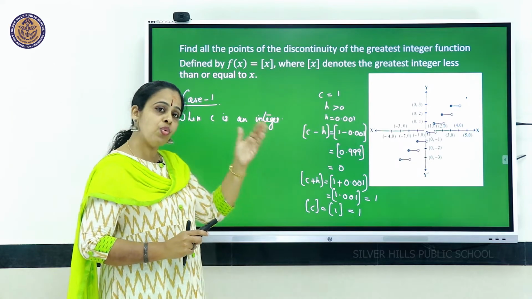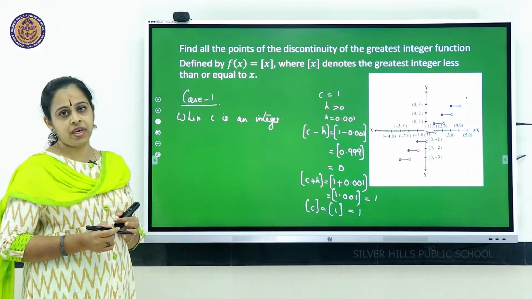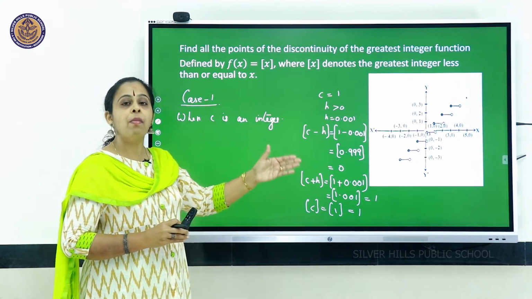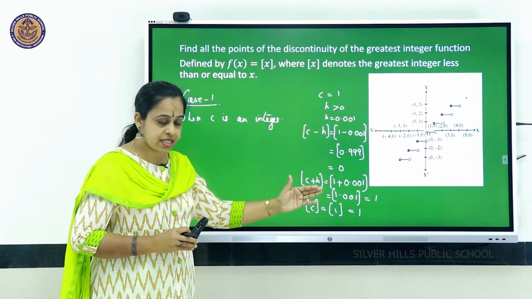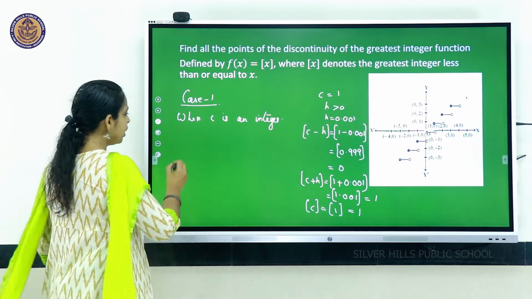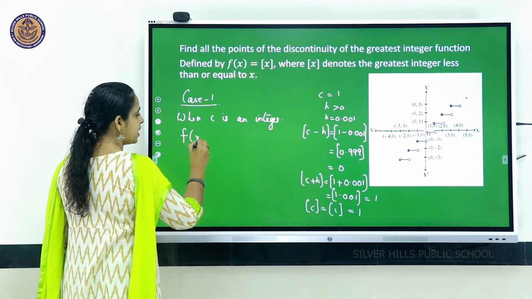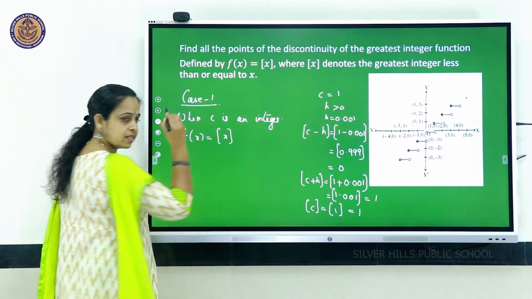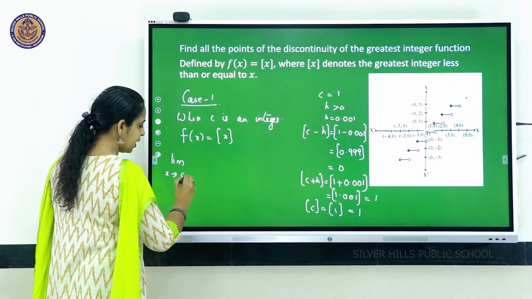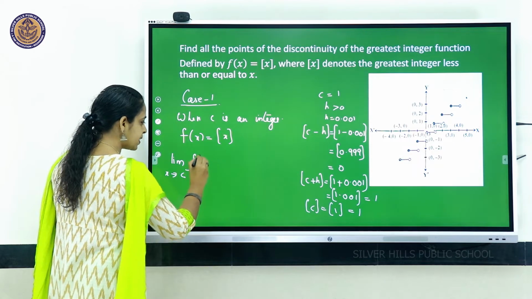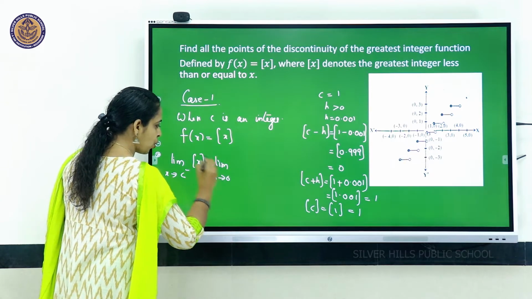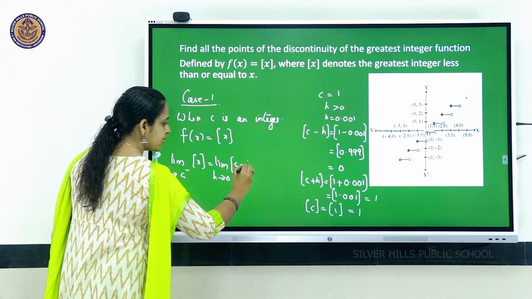Now let us come to the theory part and explain. You might have understood that when you approach an integer from the left side and right side, the limit values are different. Yes? So, if we take the function f of x as box x, limit x tending to c minus box x will be equal to limit h tending to 0 box of c minus h.